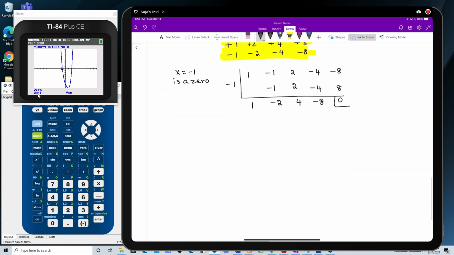So this is giving me a polynomial f of x equals x to the third minus 2x squared plus 4x minus 8. Now at this point I can think of different options. If you can recognize it, you can do factoring.